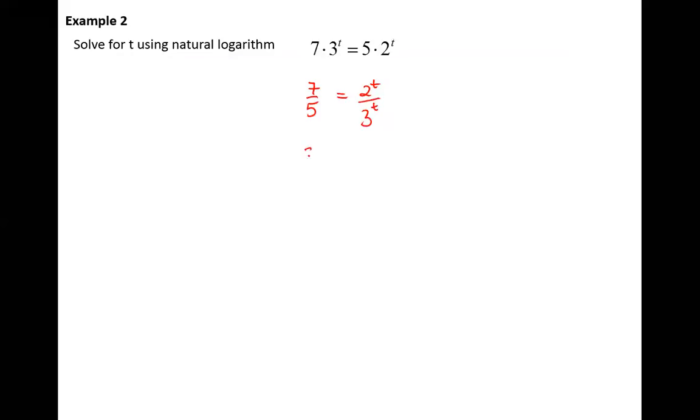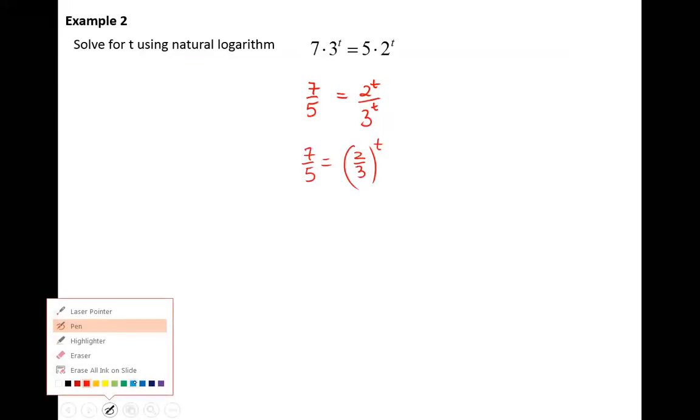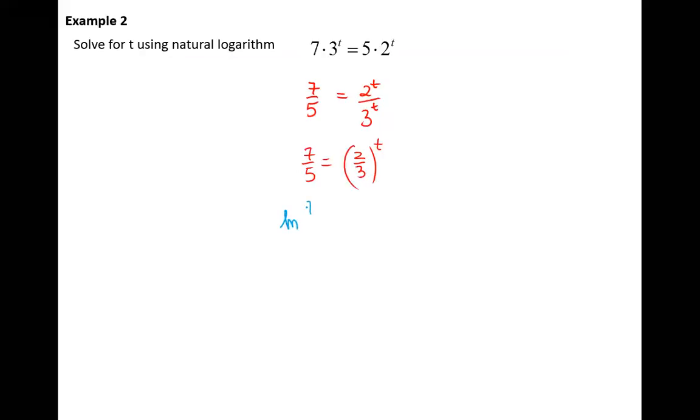Let me put 7 over 5, and I can combine this. Okay? And now the only thing I have to do is take the natural log of both sides.